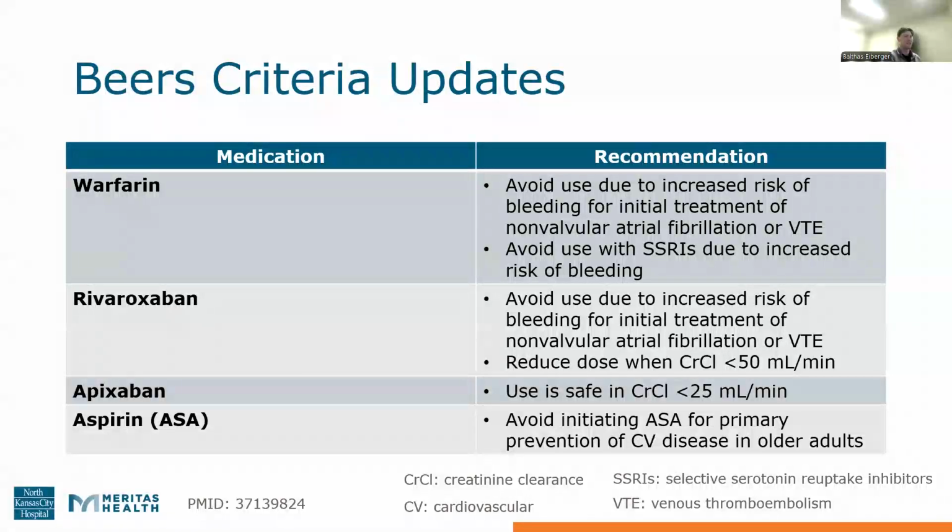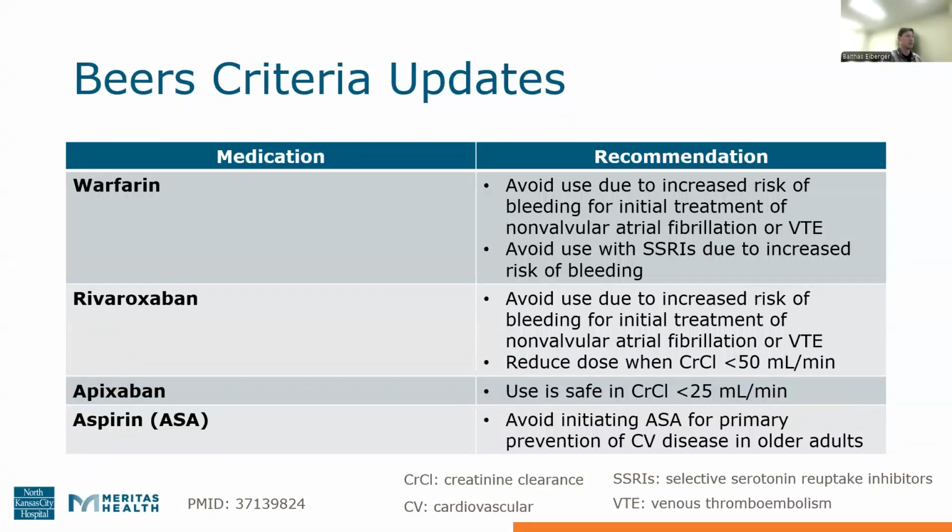So again, as I mentioned earlier, if you are on these medications, it doesn't mean stop taking, it just might be worth discussing with your physician and making sure you are on the correct medication that they want you to be on.